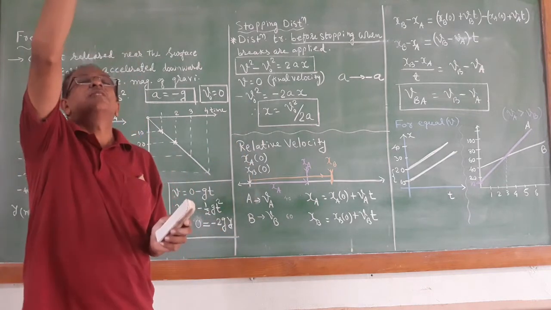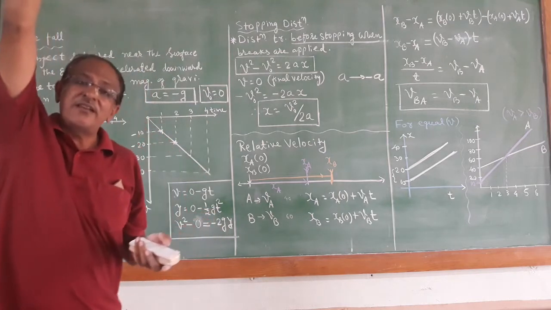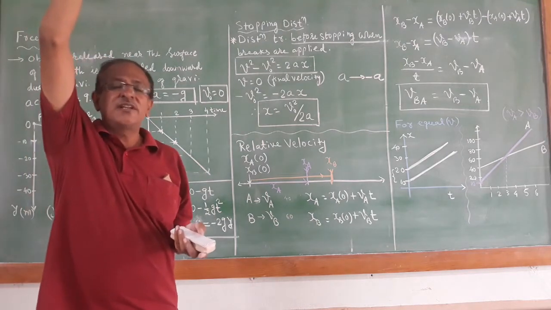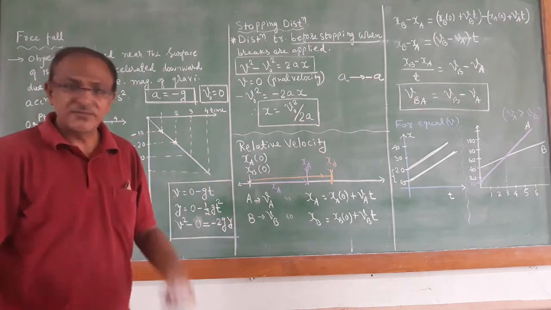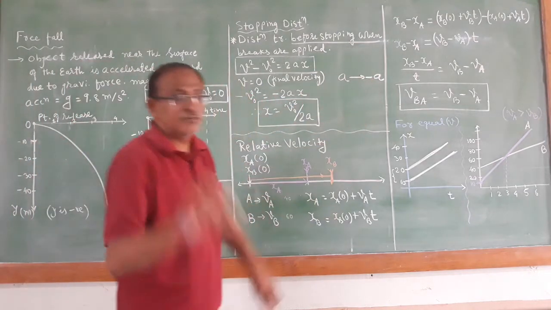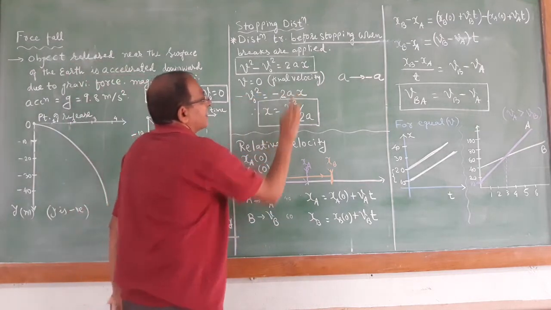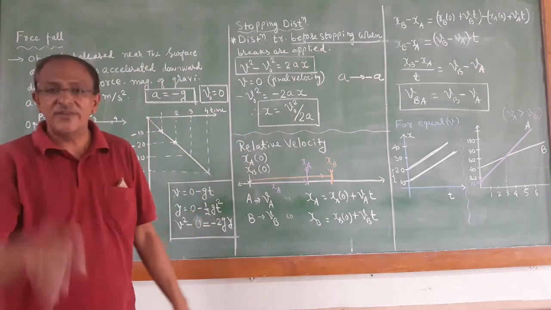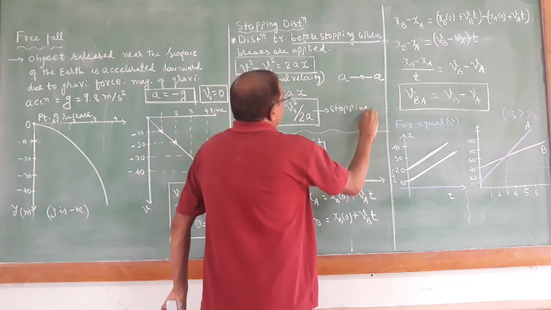And when the object is thrown in upward direction, velocity gradually reduces, finally it becomes 0. In that case, you take g as minus, so the calculation becomes easy, and that is our conventional understanding also. So a is taken to be minus a because brakes are applied. So minus v0 square is equal to minus 2ax. Now x can be taken as subject of formula, it becomes v0 square upon 2a, and this becomes the stopping distance.